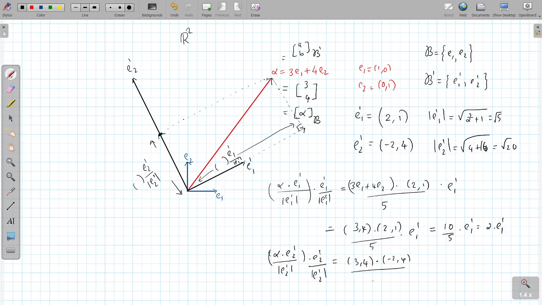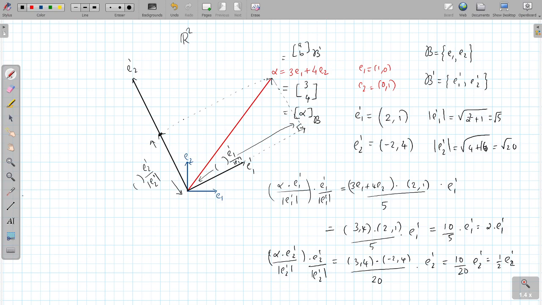So we get 1 over root 20, squared that is 20, times e2 prime. When you take the dot product of this, we get minus 6 and 16, so 10 by 20 e2 prime, that is equal to 1 by 2 times e2 prime.